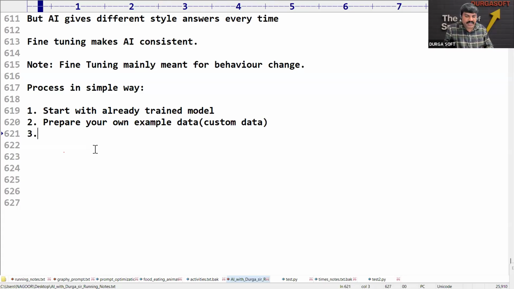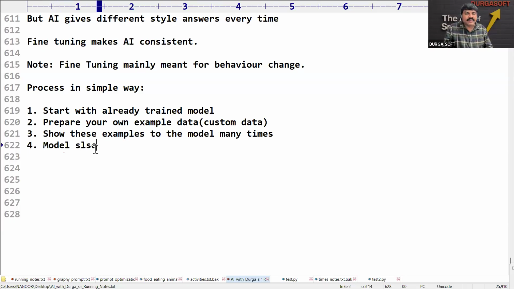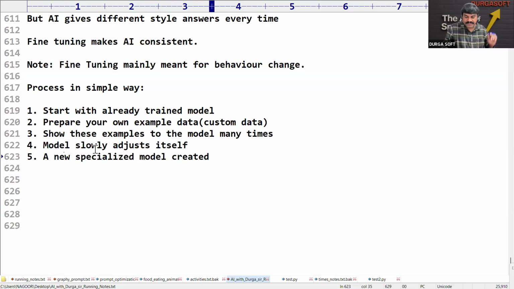Next, show these examples to the model many times. The model slowly adjusts itself. A new specialized model is created. This type of thing is called fine-tuning, friends.